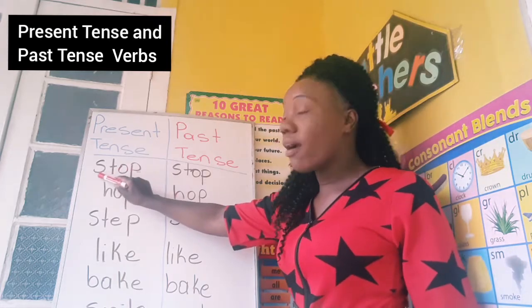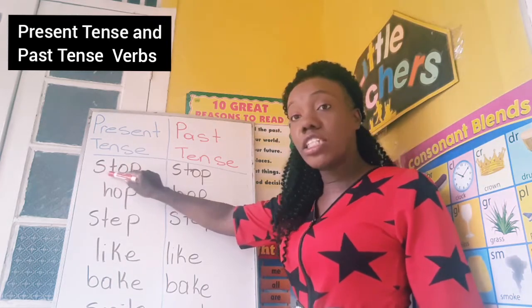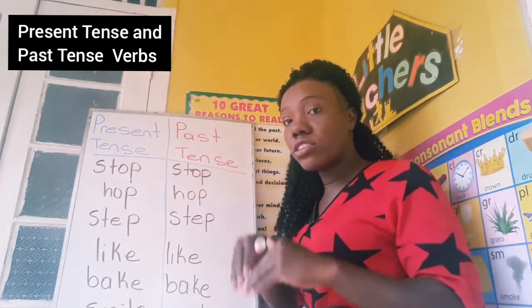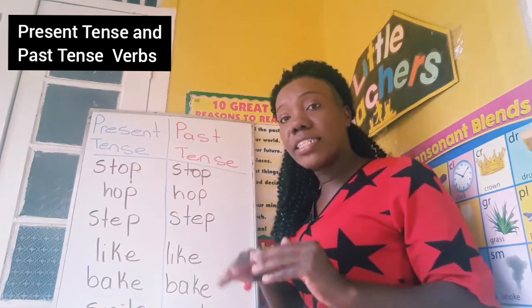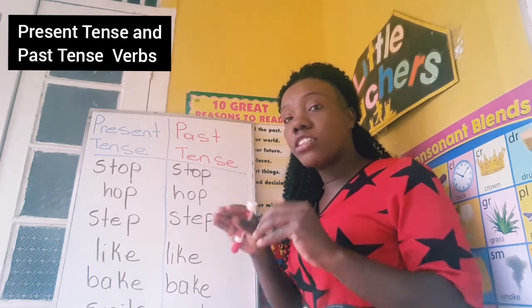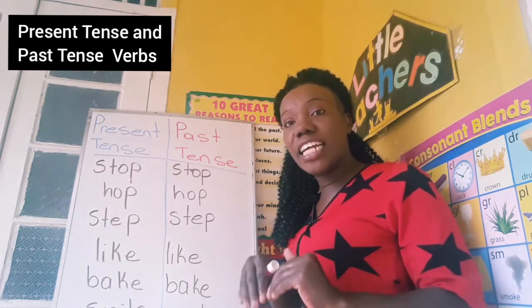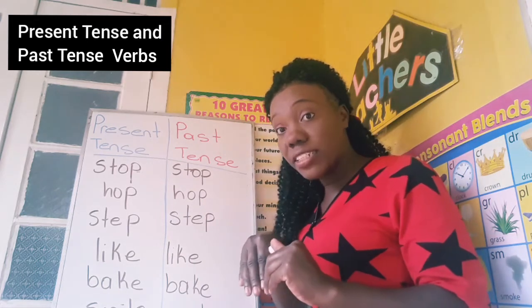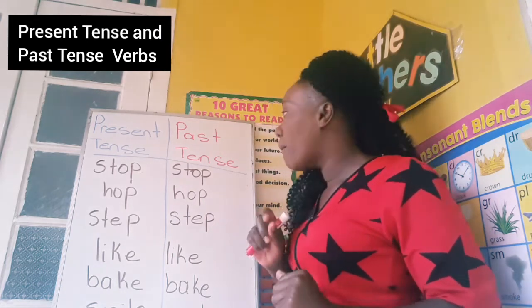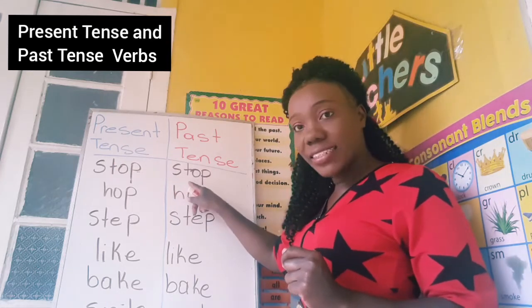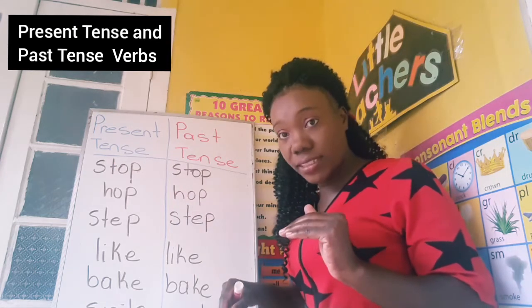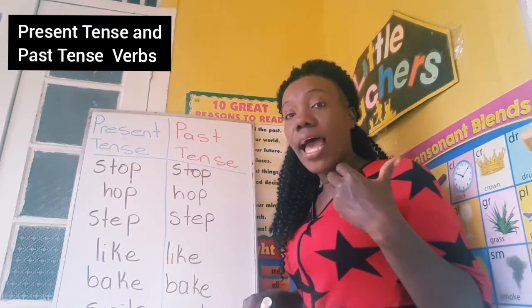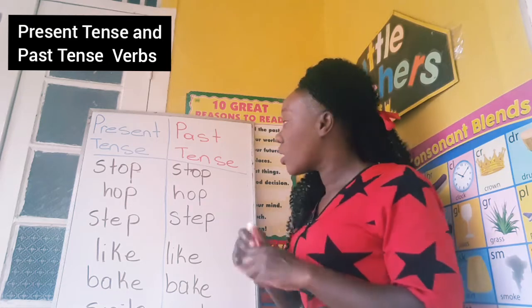So this is the word stop. The bus stopped at the bus station, or the buses stop at the bus station. So they are at the bus station now. They stop at the station. It's happening now. But for past tense, which is stopped, yesterday the bus stopped at the bus station.